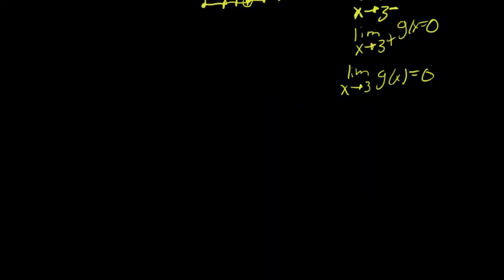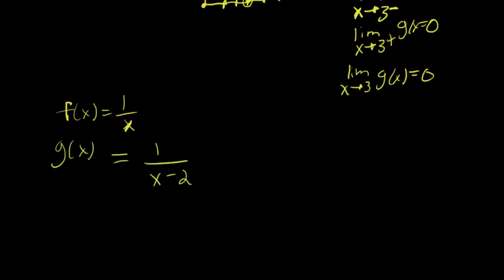Now we're going to look at another type of function, and it'll be a variant of the inverse function. If you remember, the inverse function is basically f of x equals 1 over x. That's not what we're going to look at. We're going to look at g of x equals 1 over x minus 2.